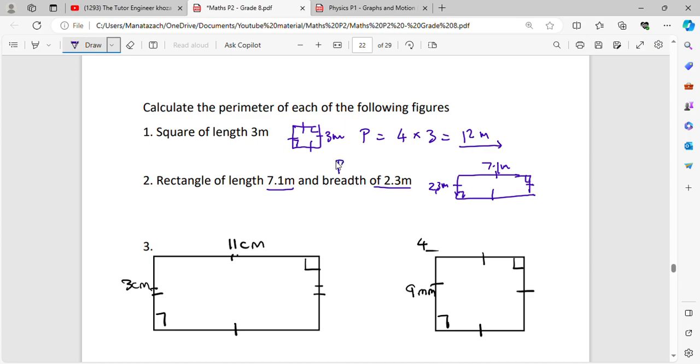So the perimeter here is 2 times 7.1 plus 2 times 2.3. So the answer is 14.2 plus 4.6, which is going to be 18.8 meters perimeter.